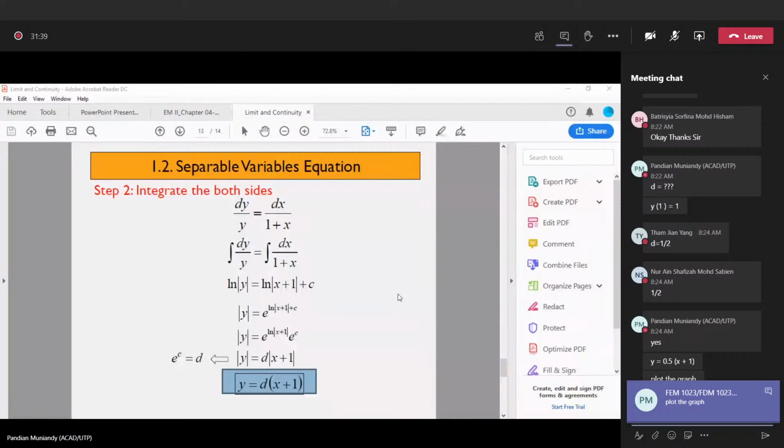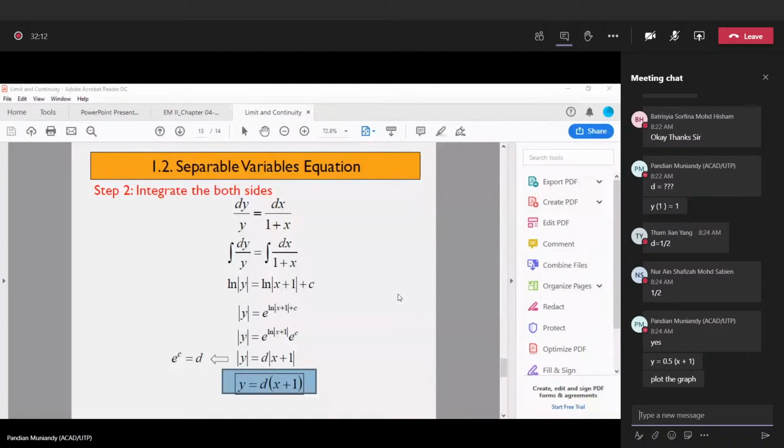So what is the shape of this graph, class? You can plot y equals to x over 2 plus half, or 0.5 multiplied by x plus 1. So when x is 0, y is 0.5. When y is 0, x is minus 0.5.